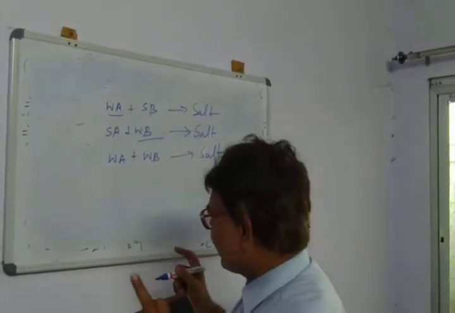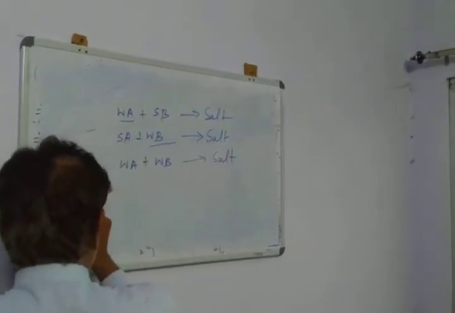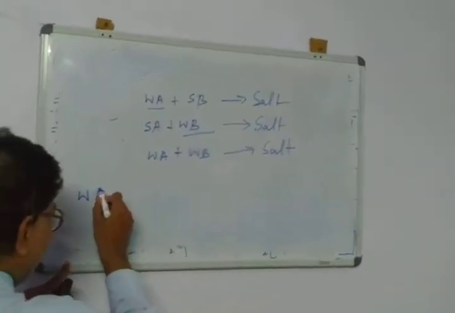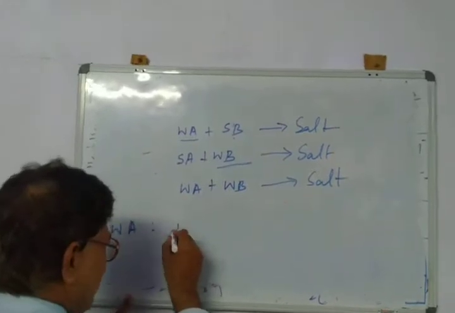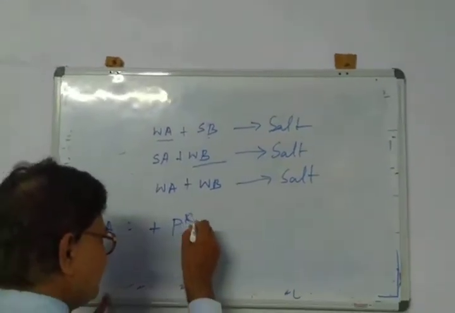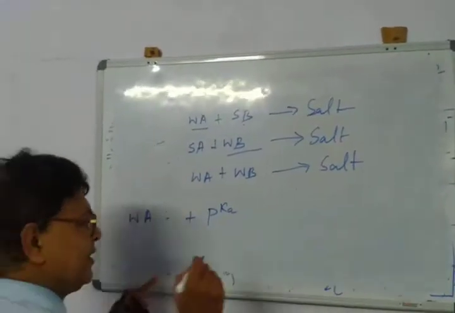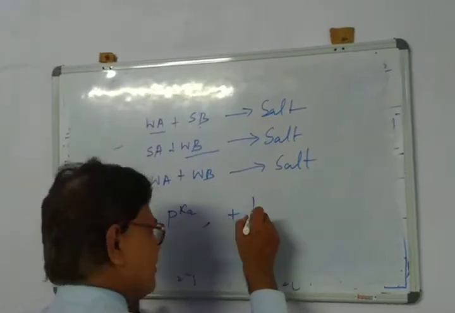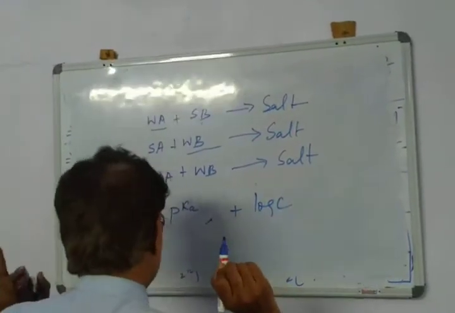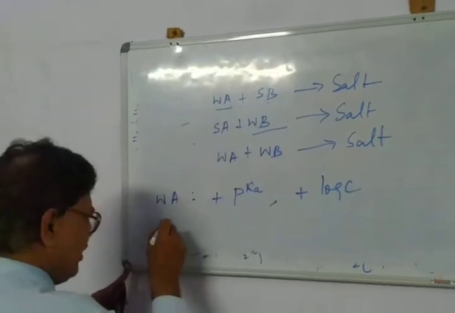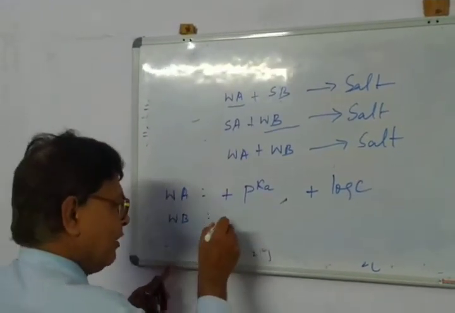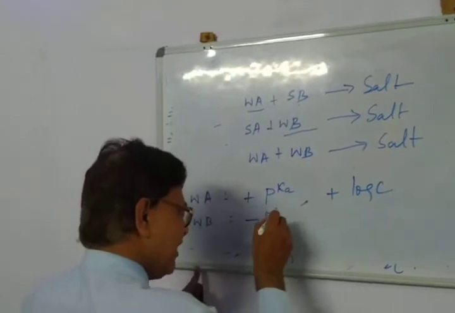If we understand that when acid is weak, we will have plus pKa, also plus log C. Clear? And for weak base we will have minus pKb.